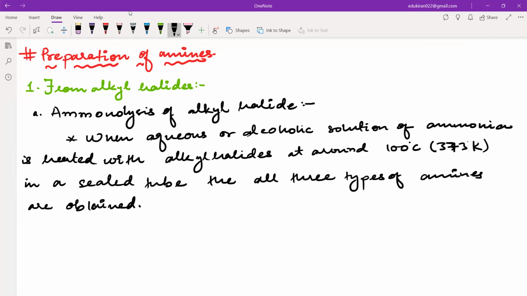Okay, so we will see what those three types of amines are.